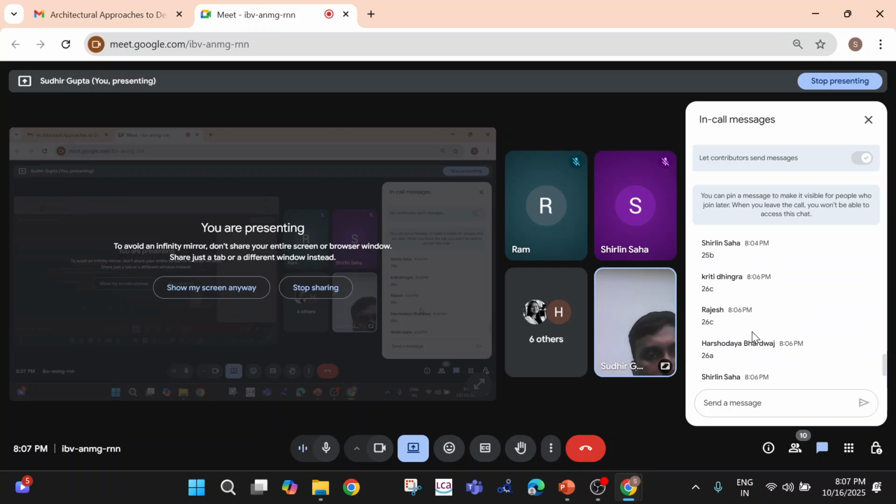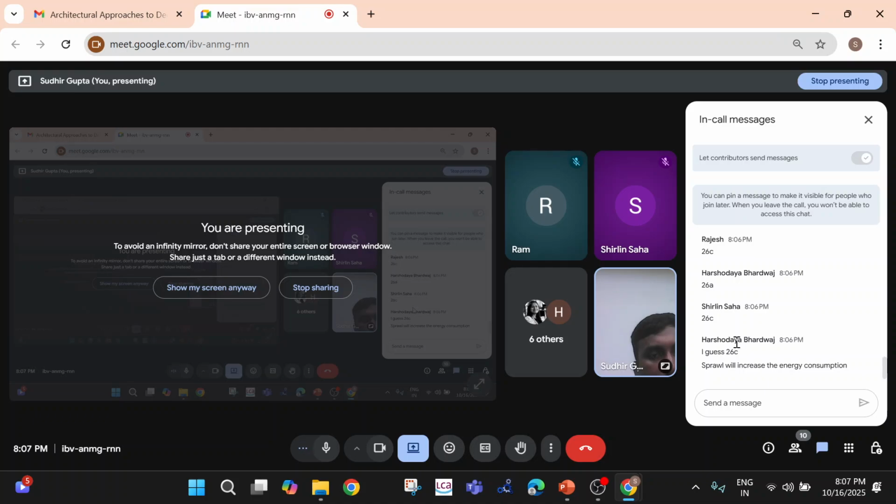Initially Kirti, Rajesh and Celine were going for C, and Sudaya was alone standing for A, but now he has revised his concept and is also supporting 26C.